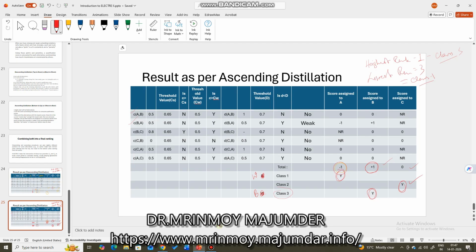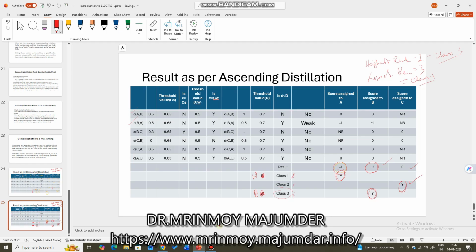So you see, the entire method is very easy except the last 2 steps, which are a little bit confusing. So ascending distillation and descending distillation, here you just remember, in case of ascending distillation, we are going from worst to best. That means the worst is assigned the best class. Here class 1 represents the best class, class 3 represents the worst class, and class 2 is in between them.